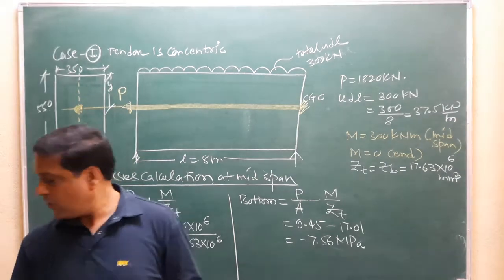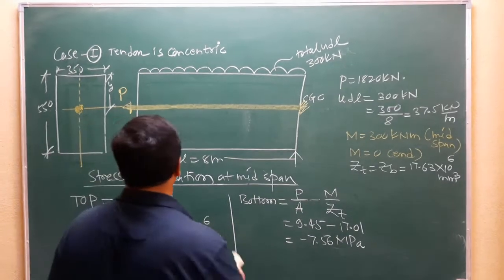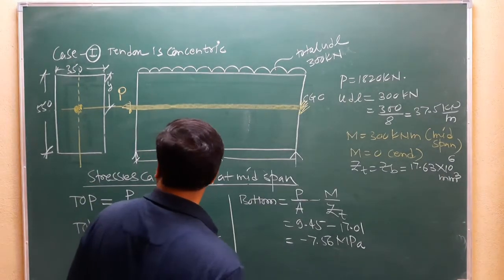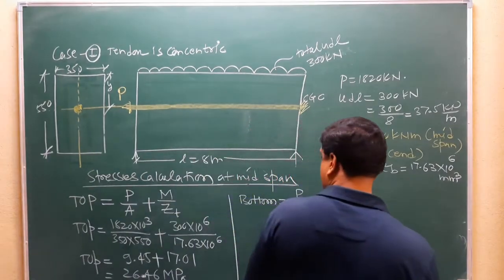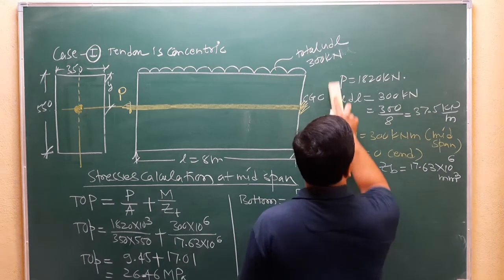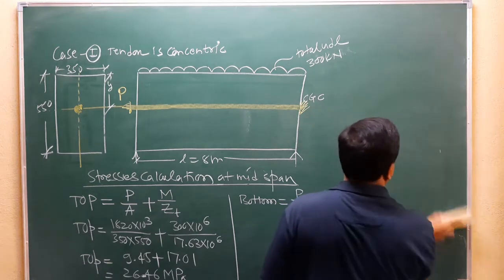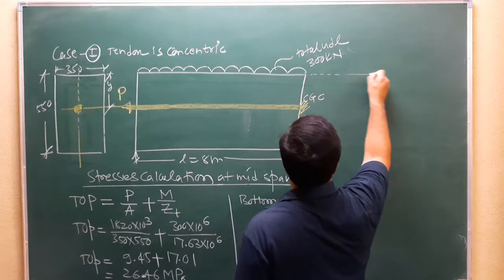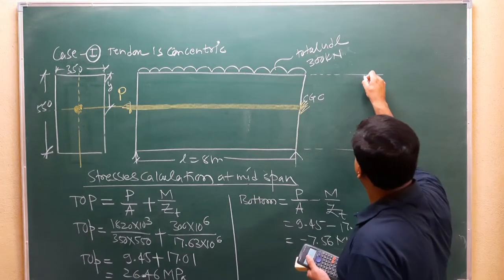Then how to plot the diagram? I want to plot this diagram here. There is no more term required, so I will rough this. So top fiber stress and bottom fiber stress. This is the baseline.